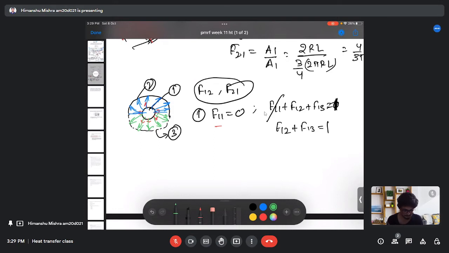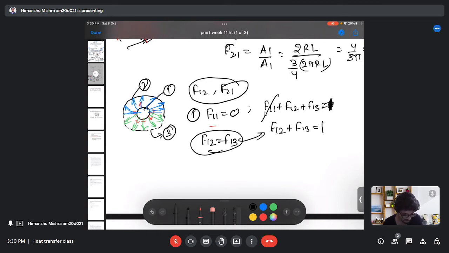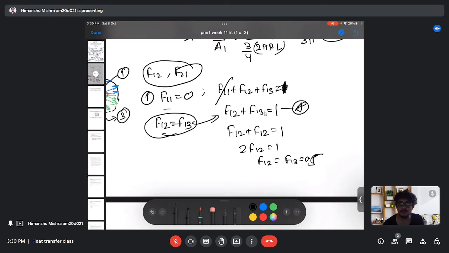That means we can say that F12 will be equal to F13 here, because the radiation emitted by surface 1 that reaches surface 2 is the same amount that reaches surface 3 from the other side. So we will use this symmetry relation in this equation A. And we found that F12 and F13 are 0.5.